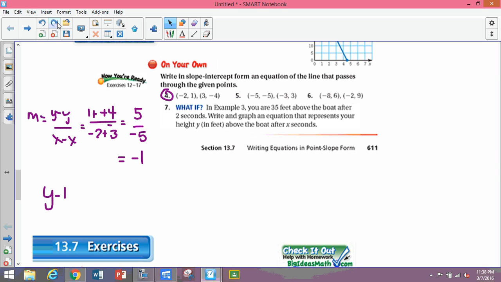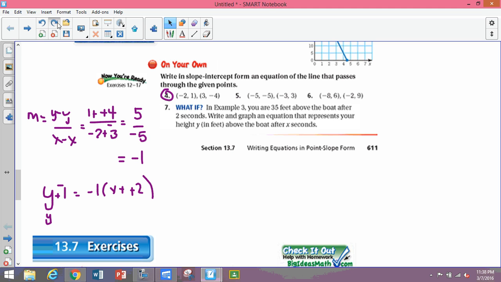So you have y minus y, so that's y minus 1, equals slope negative 1 times x minus x, or x minus a negative 2. I'm going to turn that minus 1 into plus a negative 1, and I'm going to turn that minus negative 2 into plus 2.